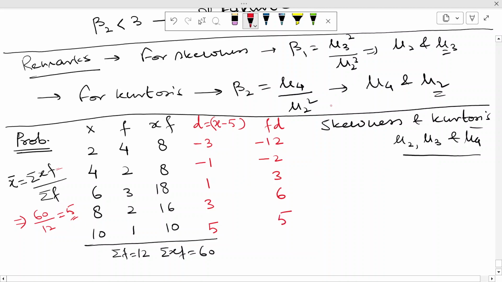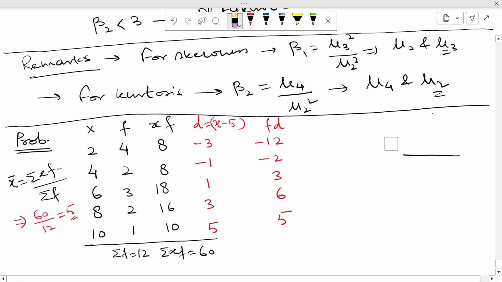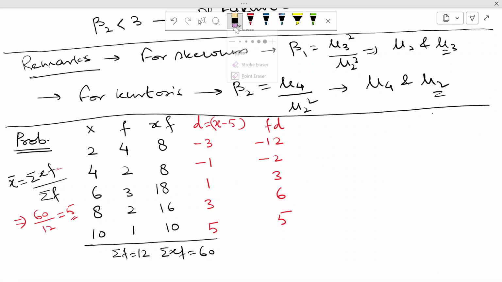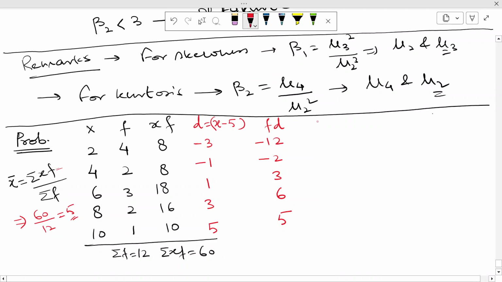And next we will find out fd square, fd cube, and fd to the power 4, because in order to get the fourth moment we need this fd4. Calculating fd square, it is coming out as 36, 2, 3, 18, and lastly 25.